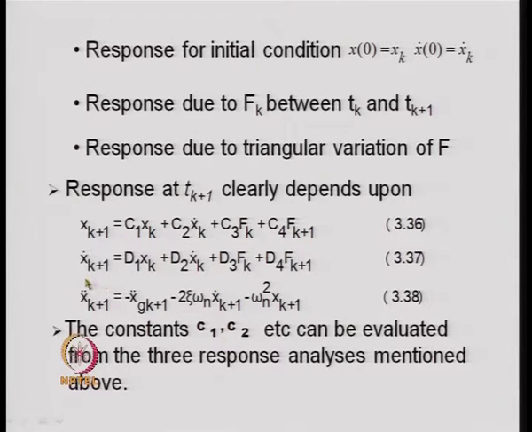And then one can obtain the value of x double dot k plus 1, that is the acceleration at time k plus 1, from the parent single degree of freedom equation. That is, if we know the displacement and velocity of the system, one can find out the acceleration.